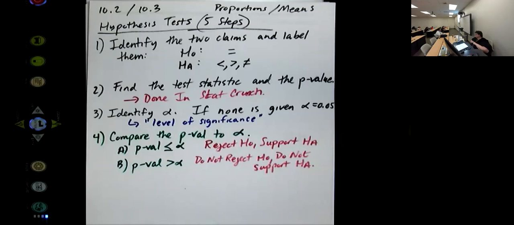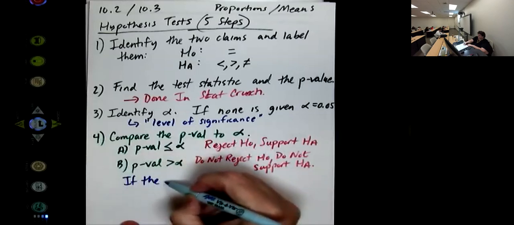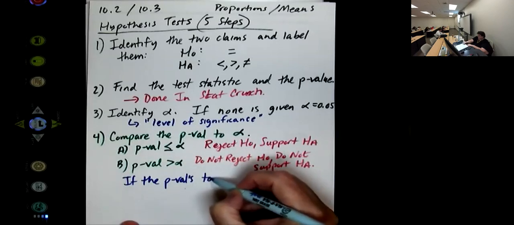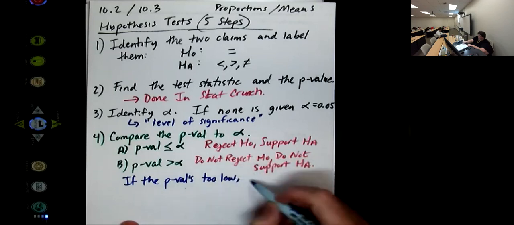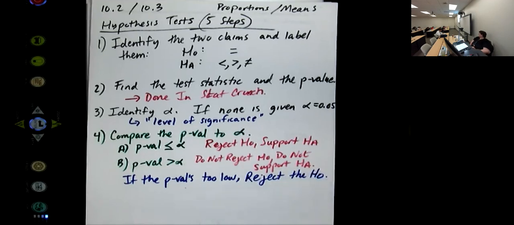An easy way to remember this: if the p-val is too low, reject the hoe. That tells you about A. The opposite is do not do it. Some people wanted a sentence for the opposite. That's all I normally remember, and I just remember to do the opposite if it's not bad.